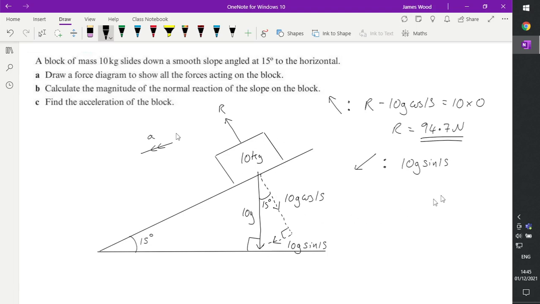There's no friction or anything like that. So it's just 10g sine 15 equals ma. So that's 10 times the acceleration down this way. Well, that's a. So now I can solve this to find a. So 10 times 9.8 times sine 15 divided by 10. So that's 2.54 meters per second squared.